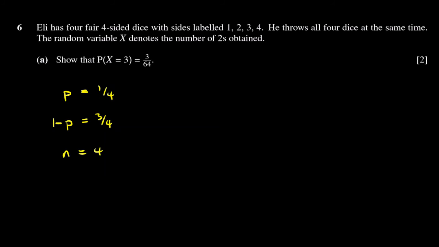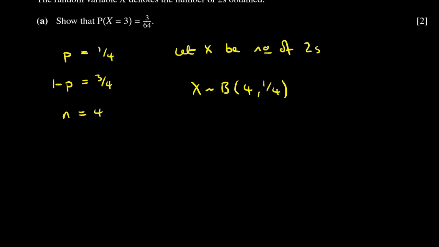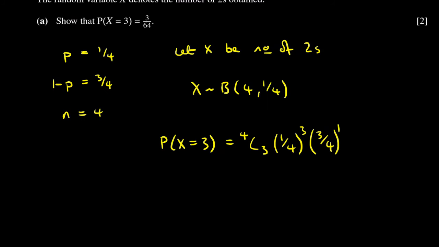So if we want to define this, let x be the number of 2s, and that means that x is binomially distributed with n comma p, which is 4 comma a quarter. Then how do we show that the probability that x is equal to 3? It is given by nC3, so 4C3, times the probability of success, a quarter to the power of 3, times the probability of failure, 3/4 to the power of 1, because it's got to be 4 minus 3.